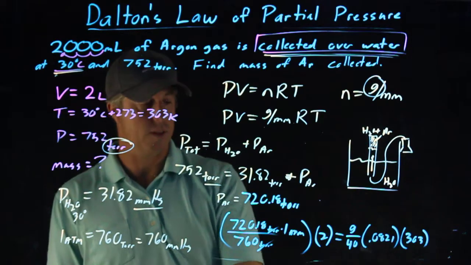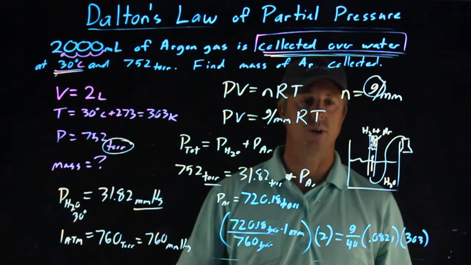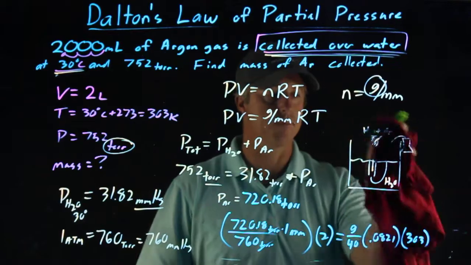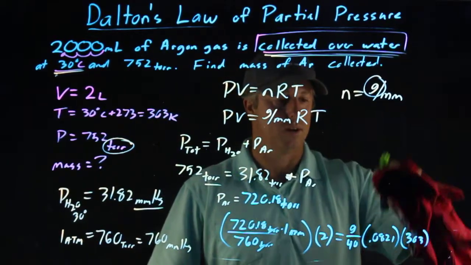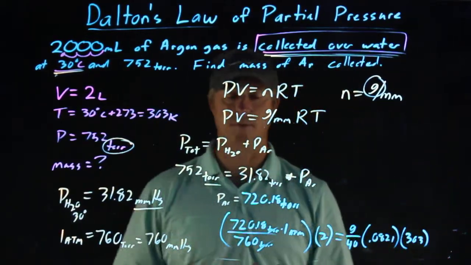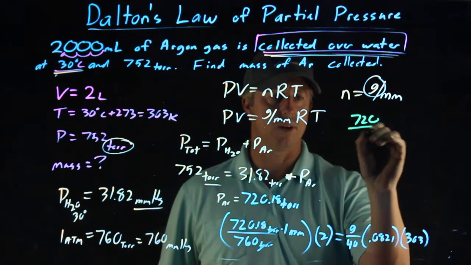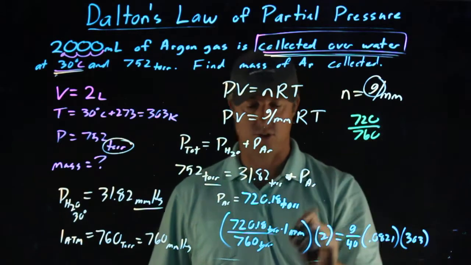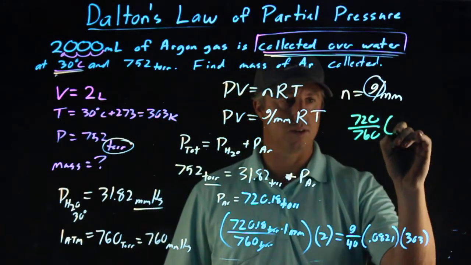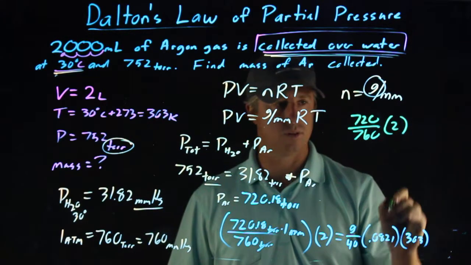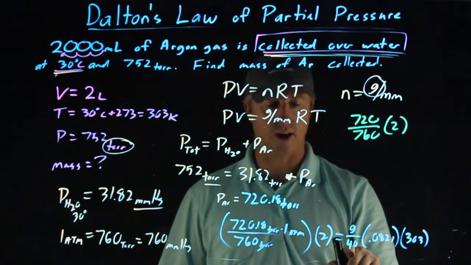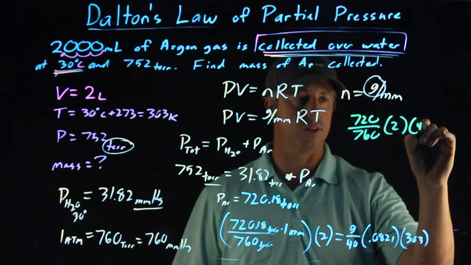Okay, so the algebra behind this and what we need to see. So I'm going to rewrite it right here so you track. Some people have a problem seeing this. So really what we have is 720 divided by 760. That shortens this up. Times 2. Okay, 40 is divided on this side, so I want to multiply it on this side.